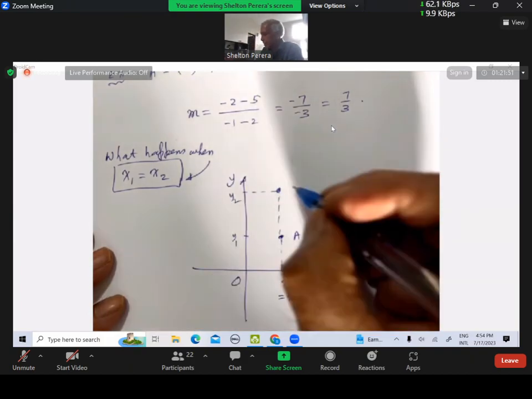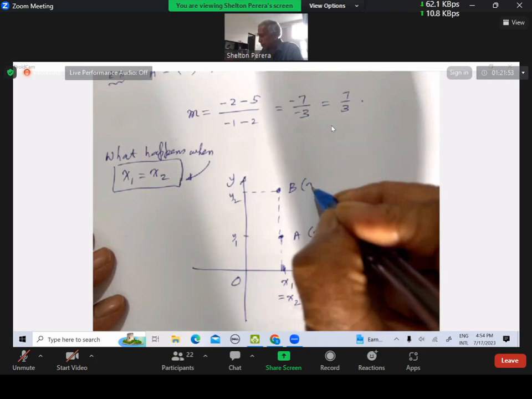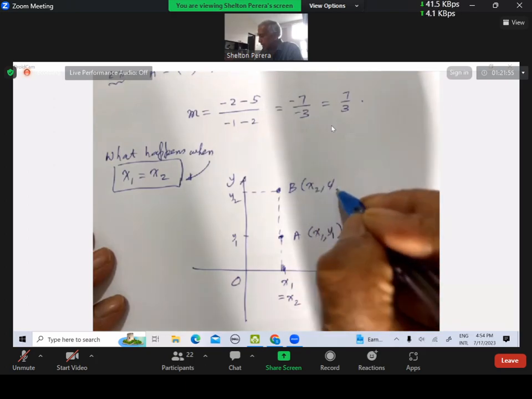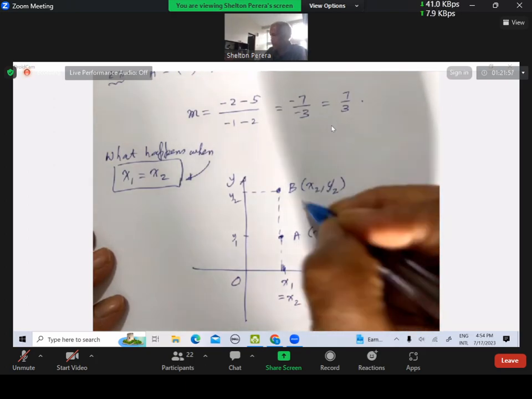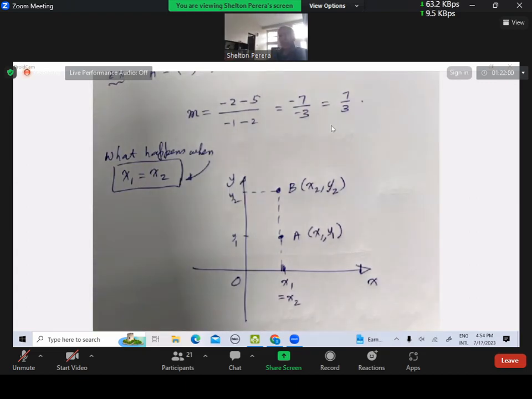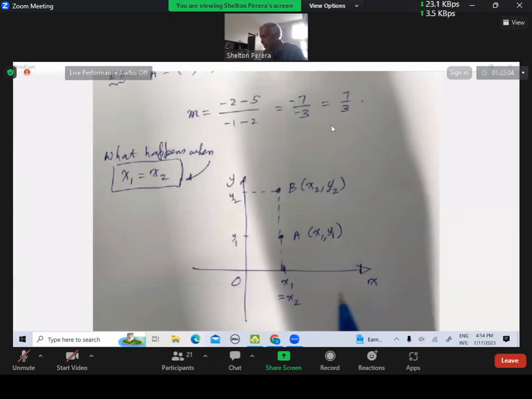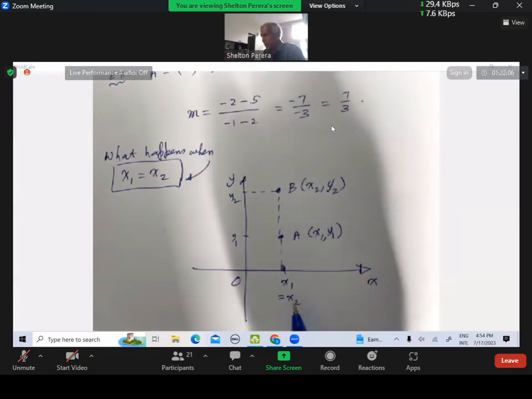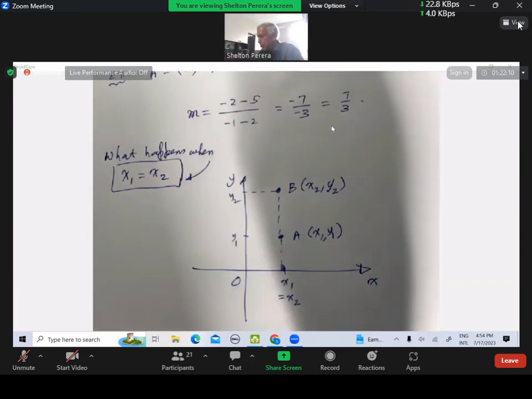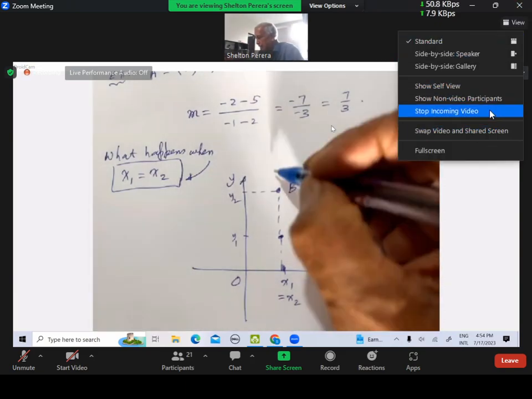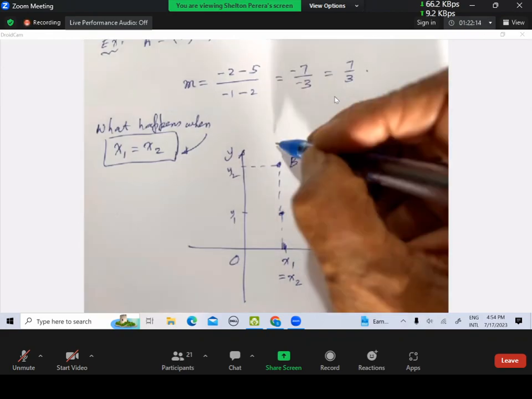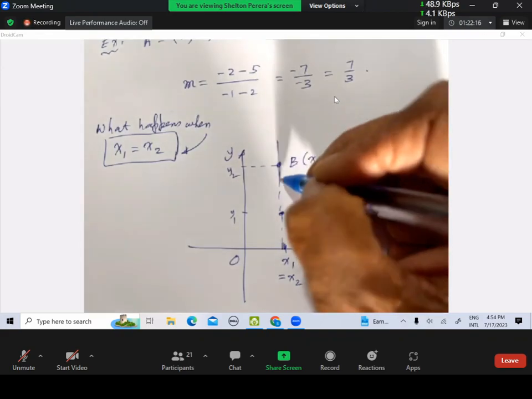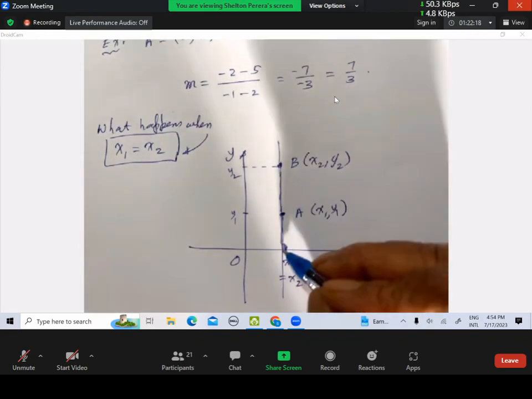These are 2 points with the same x coordinate, so both points lie on a vertical line, a line parallel to the y-axis.